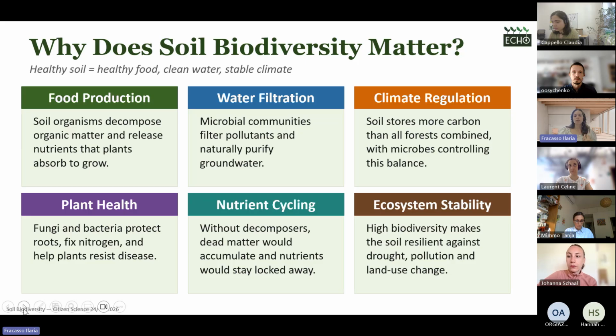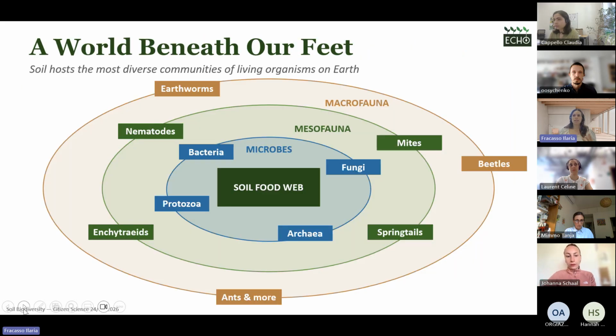What I would like to present to you are the different organisms living in the soil, and they can be divided in different layers. We have the microscopic layer, which includes bacteria, fungi, protozoa, and archaea, and they represent the base of this soil food web. Then we have an intermediate level represented by mesofauna like nematodes or mites, which include organisms that graze, for example, bacteria and fungi.